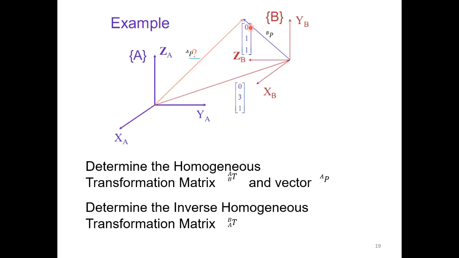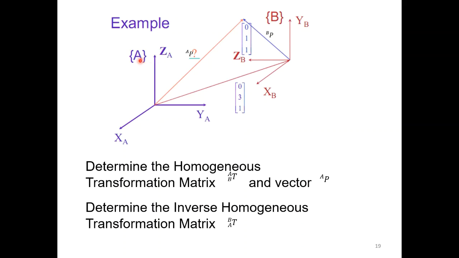So now you are asked to find this point, which is 0, 1, 1 with respect to B, with respect to A. The point that you read as 0, 1, 1 with respect to B, how do you read it with respect to A?